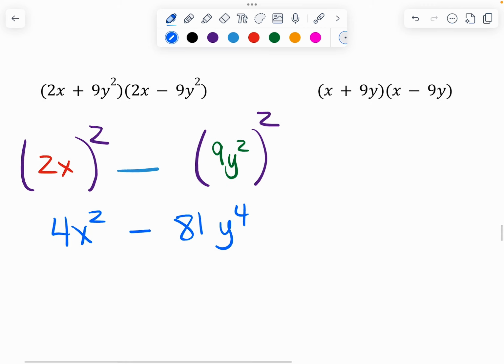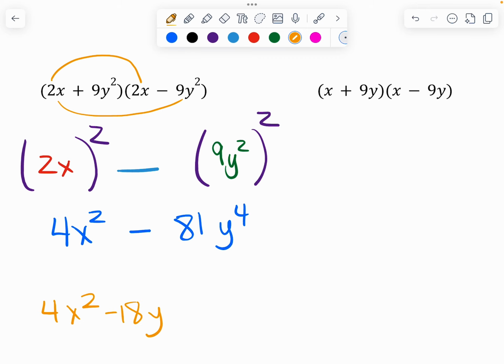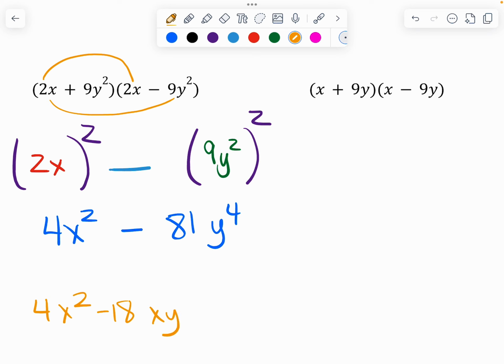Now, let's try the FOIL method. If I go here, I get 4x squared. If I go here, I get negative 18xy, I like alphabetical. I go here, I get plus 18xy.